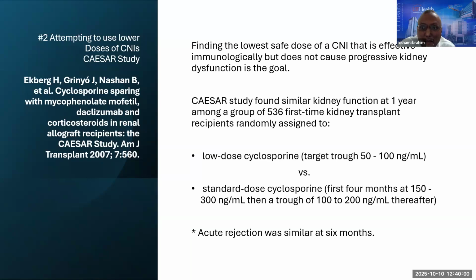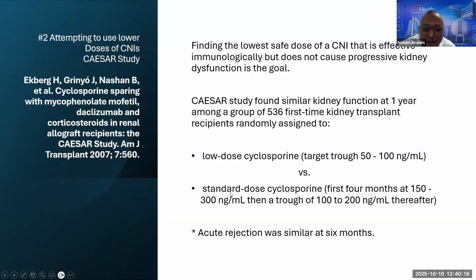So the Caesar study compared low dose cyclosporine to standard dose cyclosporine, and it found that the rejection rates were similar at 6 months.